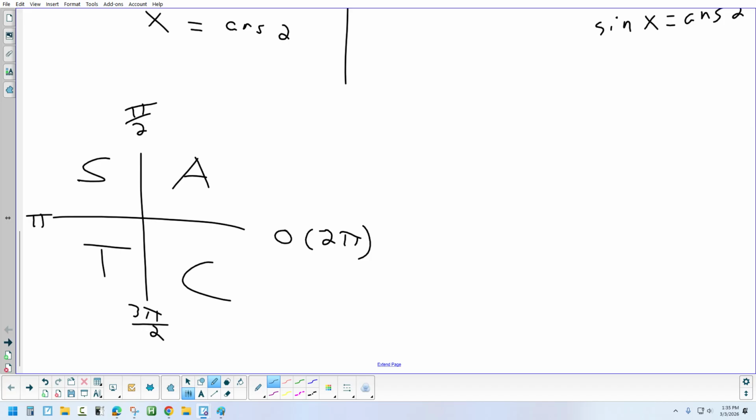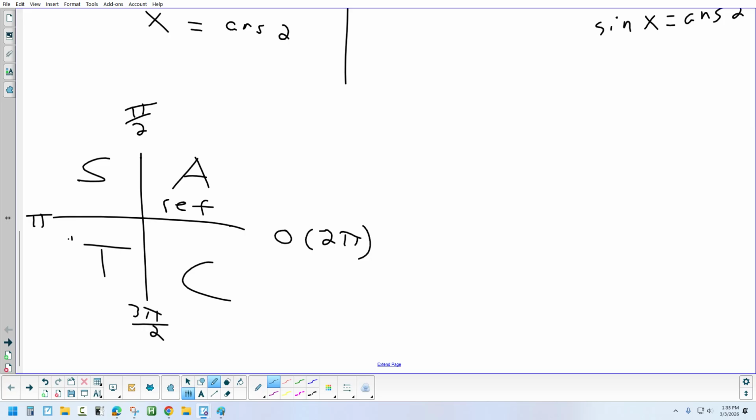Yep. Cosine. Okay, so that tells us which trig functions come out positive and negative. And the other thing we had was 3 formulas, one for each quadrant. If you're dealing with an angle between 0 and 90, that is a reference angle. Does anyone remember the formula we had in quadrant 2?